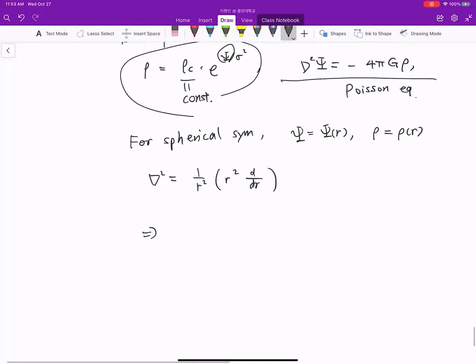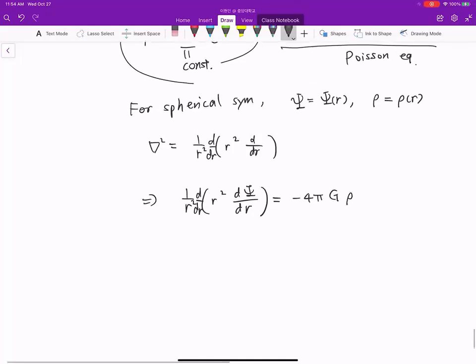Therefore, the Poisson equation can be written in this simple form. So this is the Poisson equation.